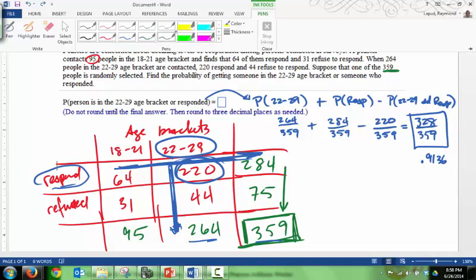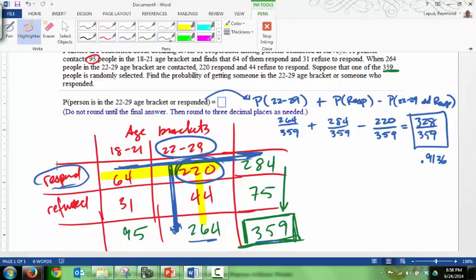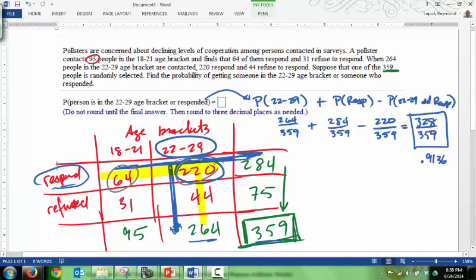If I look at these values and I just go around adding these numbers, I could also have found this probability by saying 64 over 359 plus 220 over 359 plus 44 over 359.